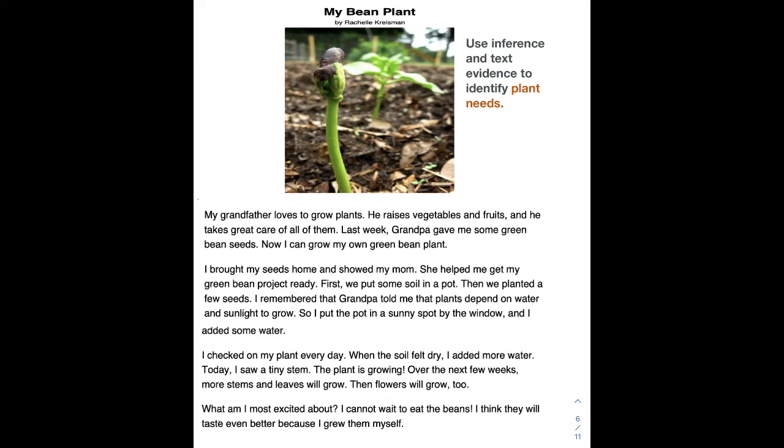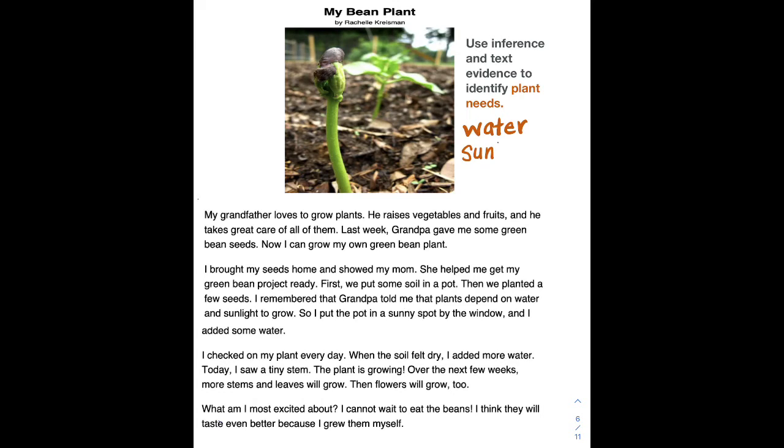Based on our previous readings of my bean plant, who can tell me what a plant needs based on the passage? Yes, that's a good one. We learned in the passage that plants need water. What else?